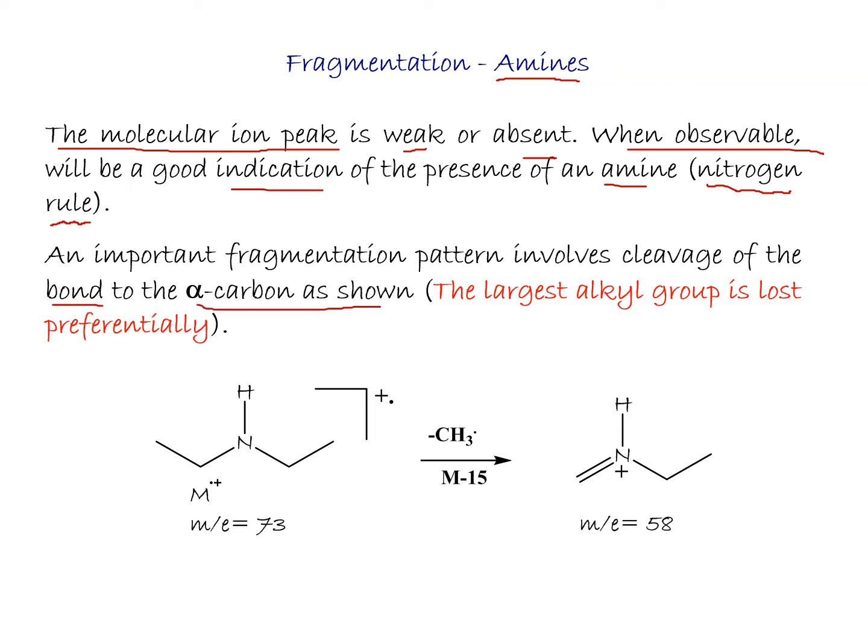So if this is alpha and this is alpha, if we break this bond, eliminating a CH3 radical, here we will have an odd electron. If we started with ionization of the lone pair, so we have here an odd electron too, this will lead to the formation of a bond, so it will be a double bond.